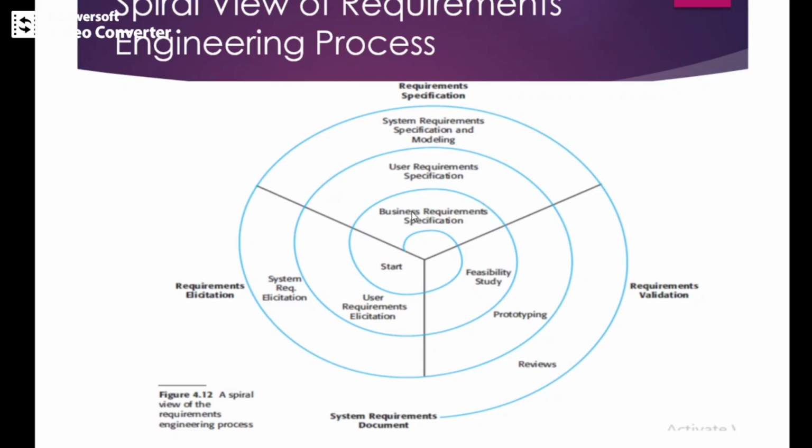You can see first you begin with user requirements specification, and then you're eliciting the user requirements, then the system requirements, and finally you get the requirements specification, and then you're doing the requirements validation. You're validating all those requirements, and finally you get the requirements document. Whatever you need, that is the requirements document.